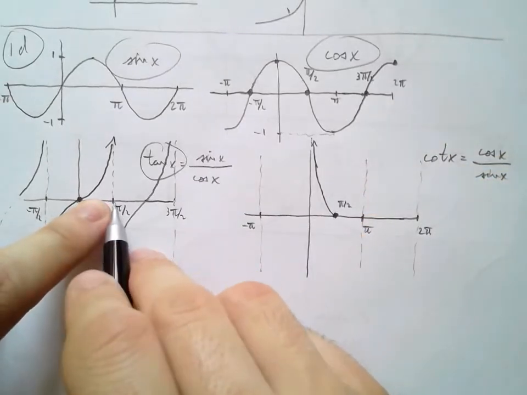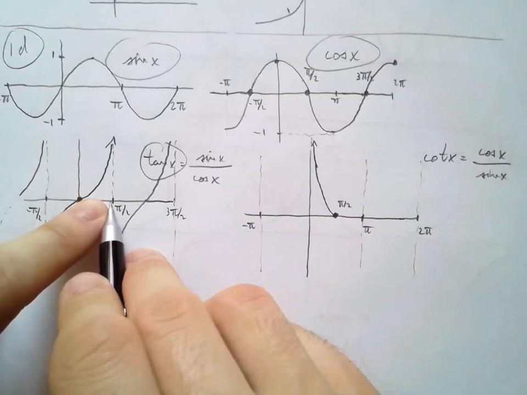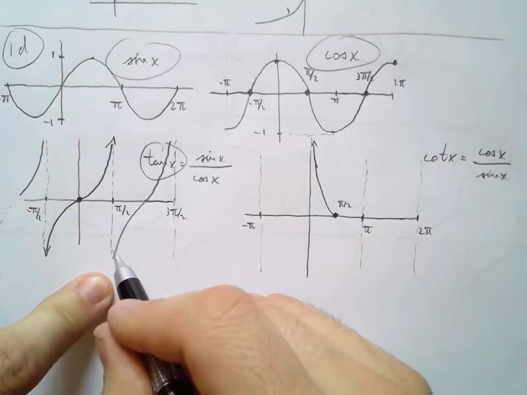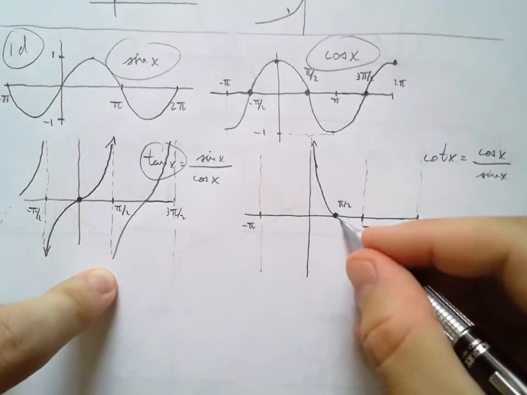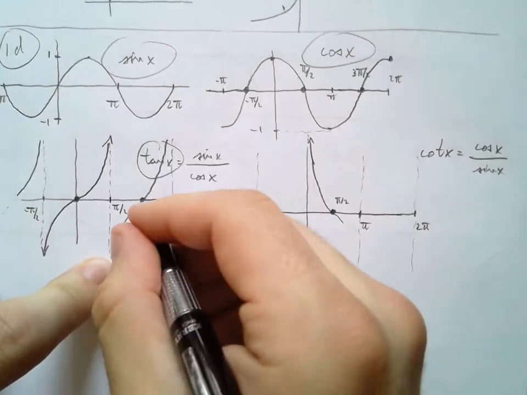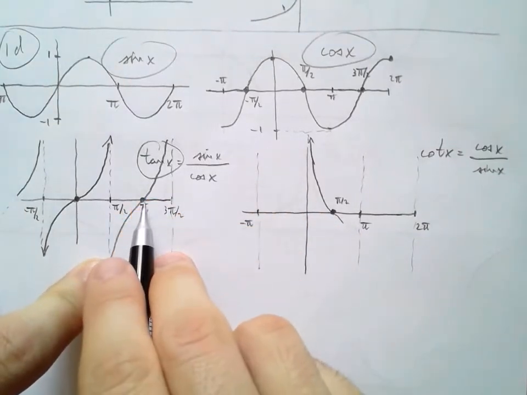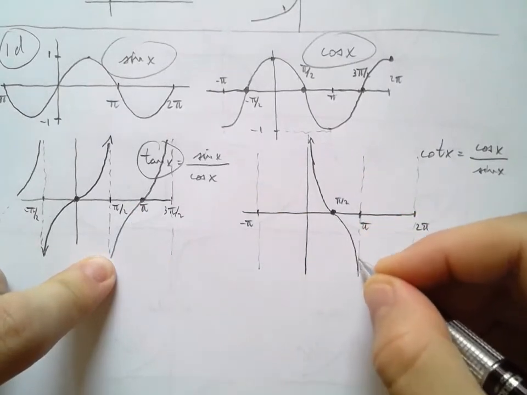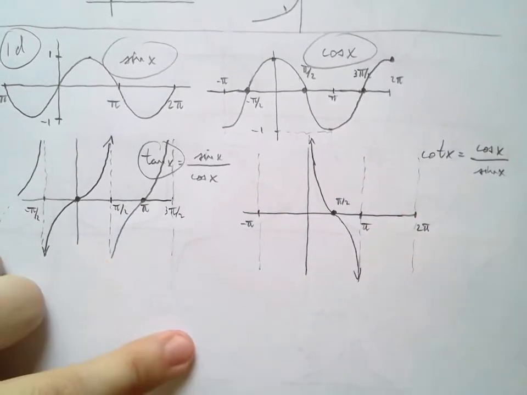And as I pass pi over 2, my sign changes, right? I'm dividing by minus infinity here. So I switch on the negative side, but then I approach 0 again at pi on the graph of tangent. So I divide by 0, right, because it's 1 over tangent. This is the graph of cotangent.